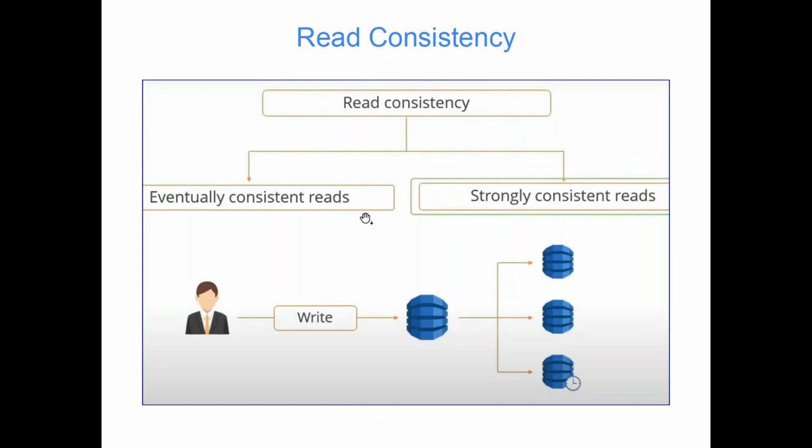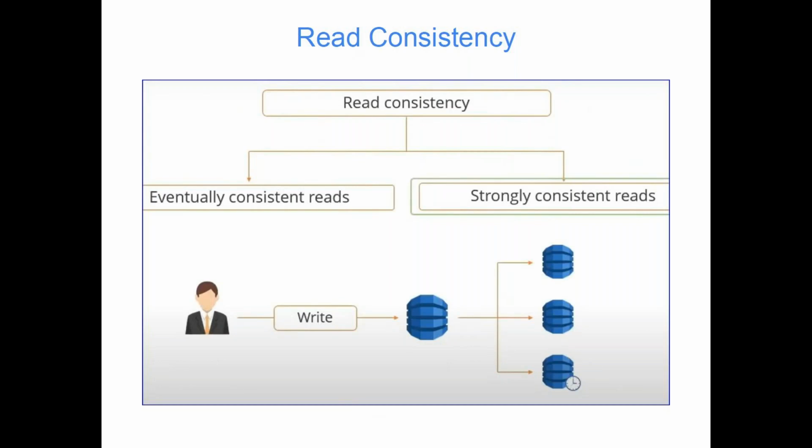Eventually consistent read means sometimes, not always, maybe one out of 100, you may read the older data. For example, you have updated the score and that score is updated in one of the servers. It also got updated in the second server, but somehow there was a little delay in the third server. That means the people who are reading the data from the third one might get some old data, with 1 second of delay or something like that.